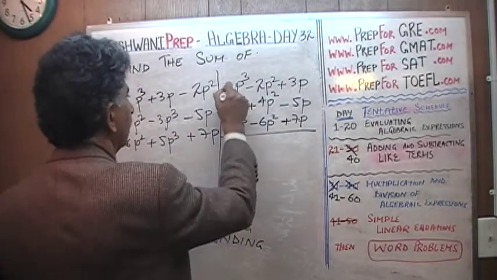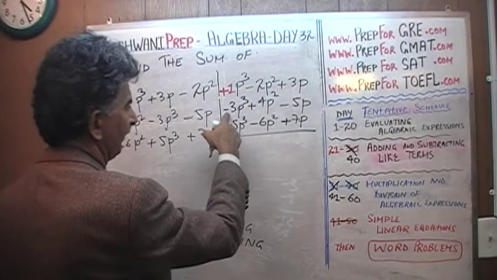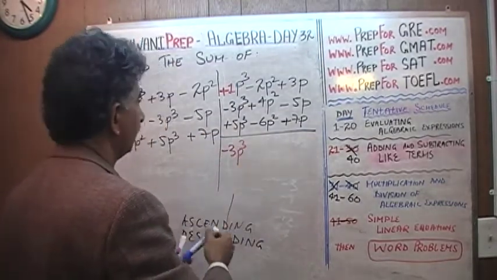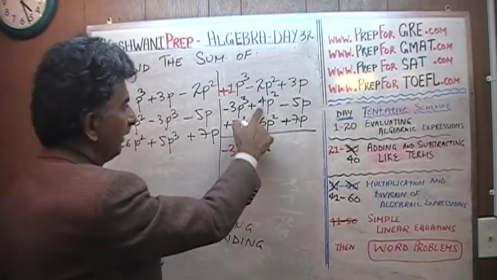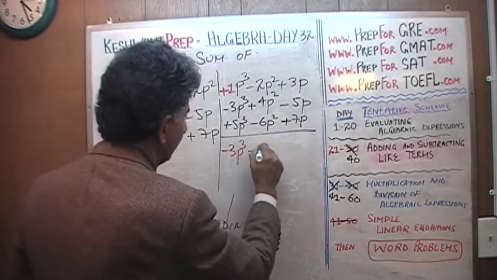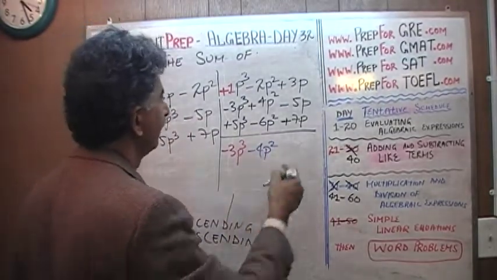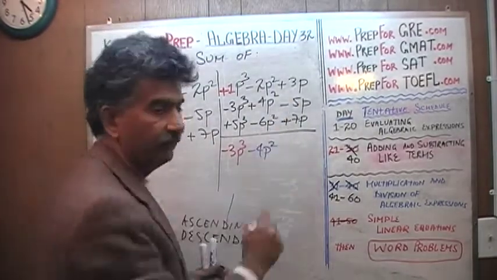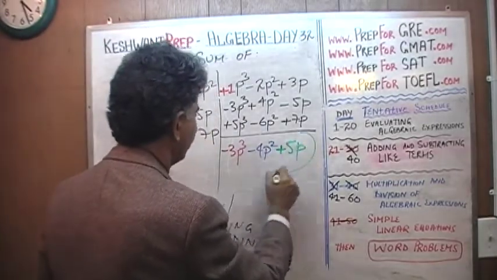So there is 1 over here, positive 1 and positive 5 is positive 6, minus 3 is negative 3p cubed. Then we have a negative 2 and a negative 6, which is negative 8. Negative 8 and a positive 4 is negative 4. Negative 4p squared. And then finally we have positive 3 and positive 7, which is positive 10. Positive 10 and a negative 5 is a positive 5. There you go, that's your answer.